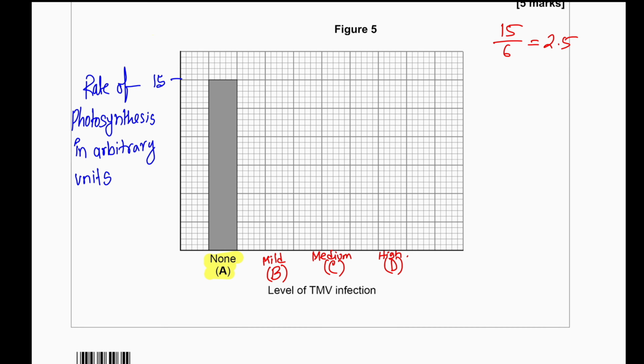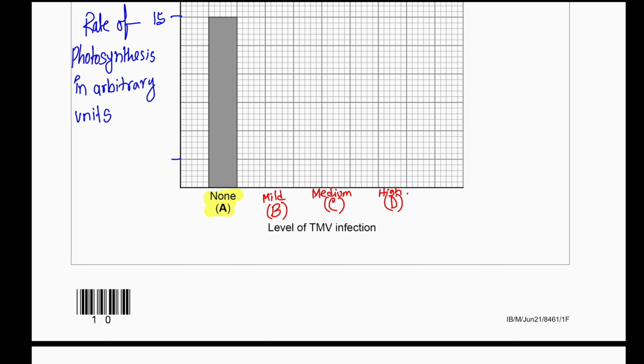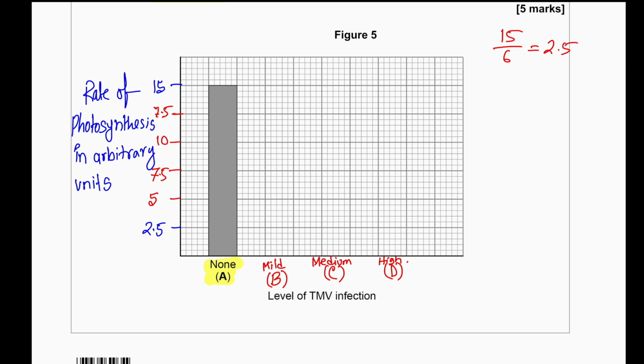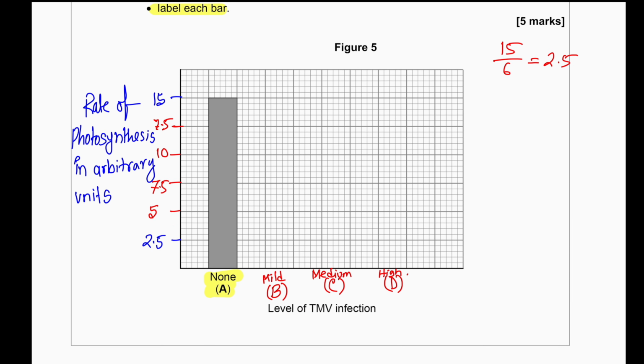That means each box will represent 2.5. So in the case of mild infection, 13 can be represented.